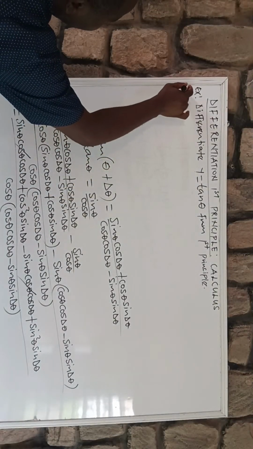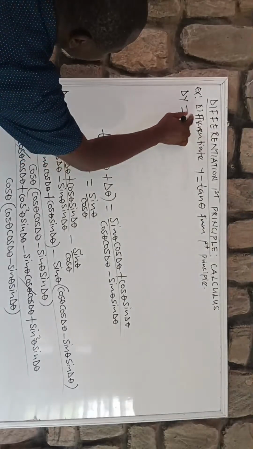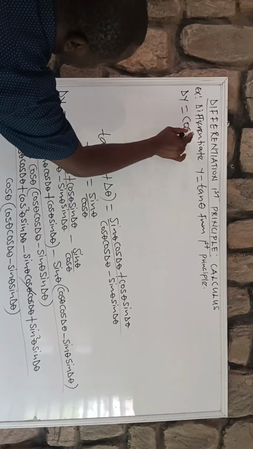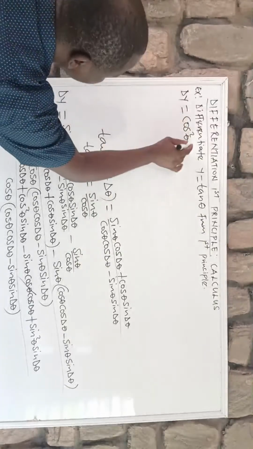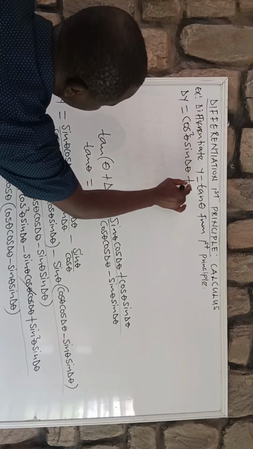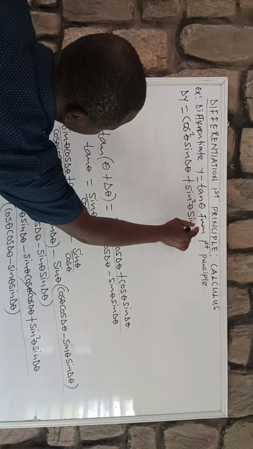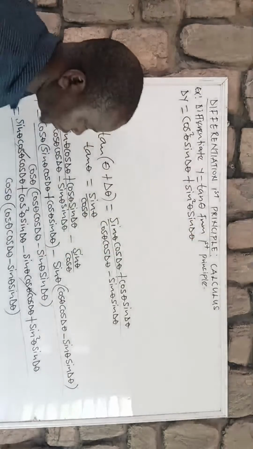So our dy is going to equal cos square theta sin delta theta plus sin square theta sin delta theta. True or false?